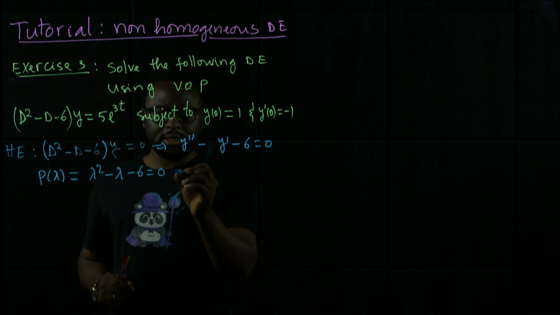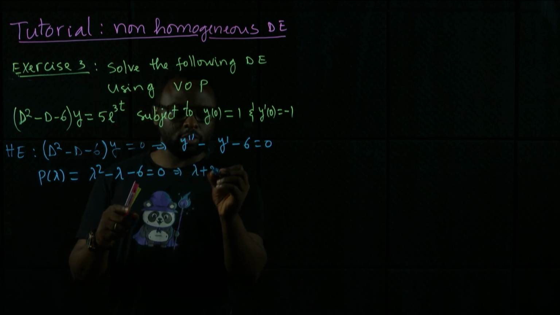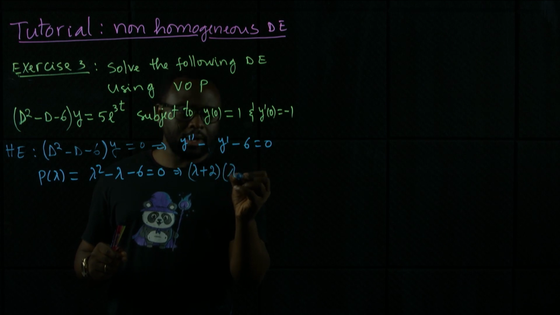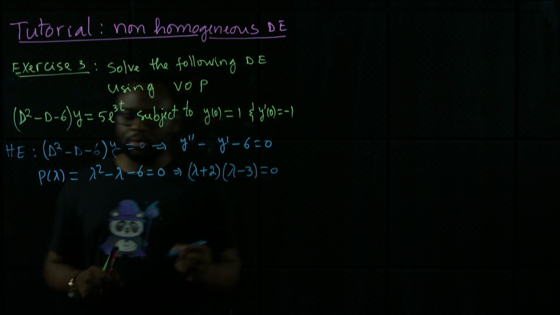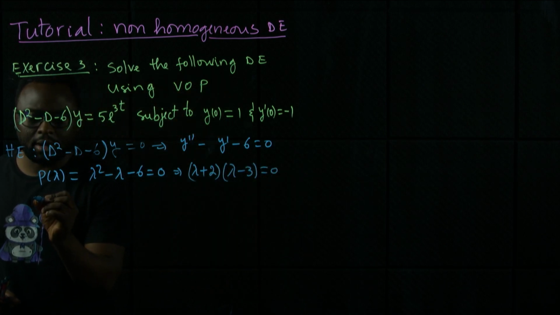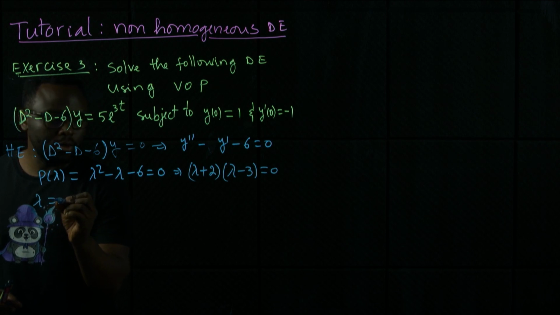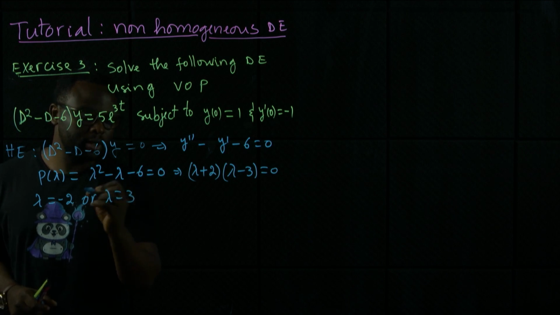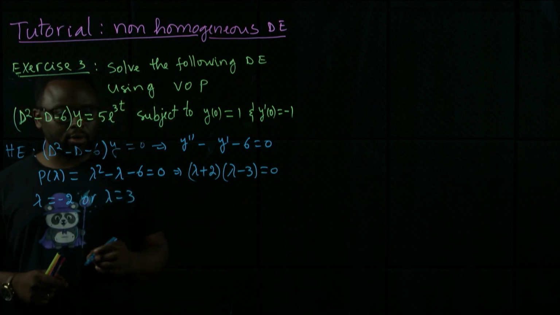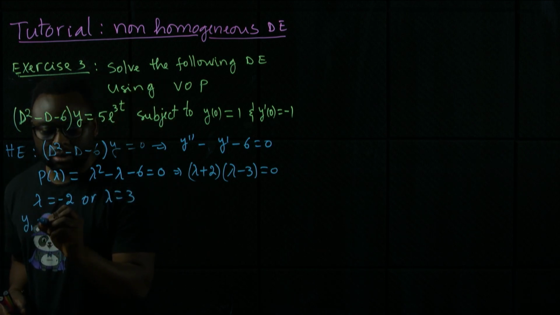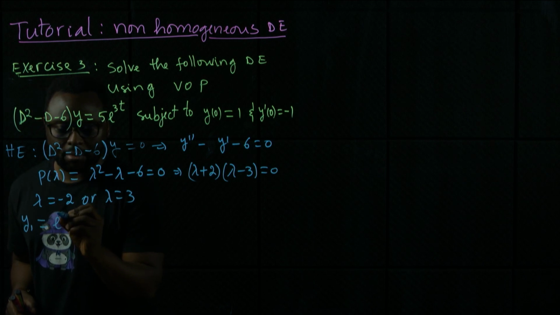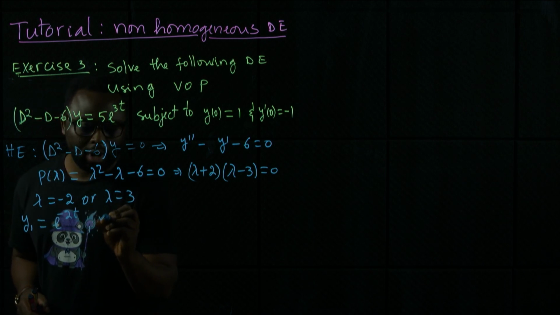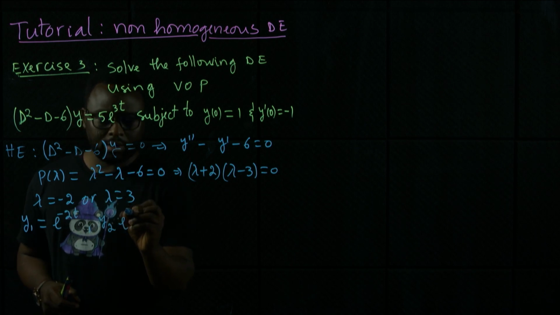If you factorize this, it is lambda plus 2 times lambda minus 3 equals 0. Right, this means lambda equals minus 2 or lambda equals 3. And from this, we can write y1 equals e to the power minus 2t, and y2 is e to the power 3t.